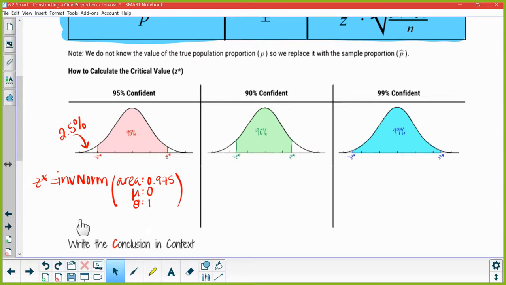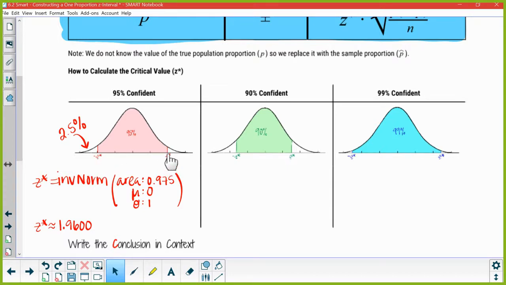When I plug this into my calculator, I should get z star is approximately 1.9600 after rounding. If you are calculating this in your calculator, you only have to do one, because they are the same value, just one is negative on the left-hand side, one is positive on the right-hand side. So this is negative 1.96, this is positive 1.96.